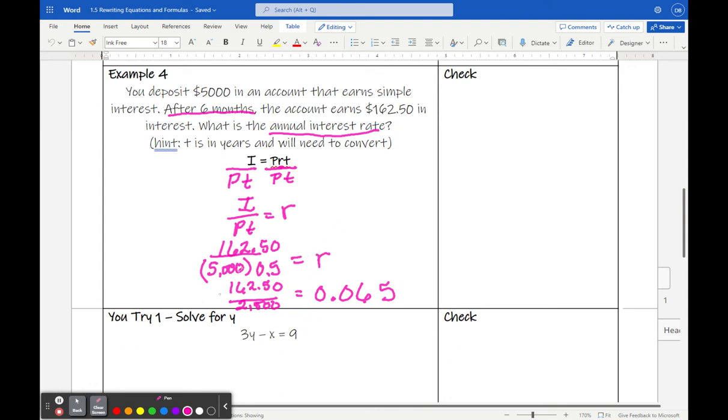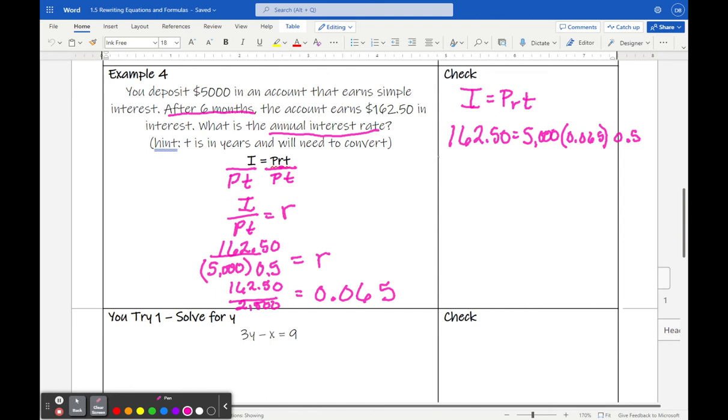Okay. So let's go in and check. We're going to start off with I equals PRT. The interest was 162.50. The principal was 5,000. We think the annual interest rate is 65 thousandths, and the time is half of a year.